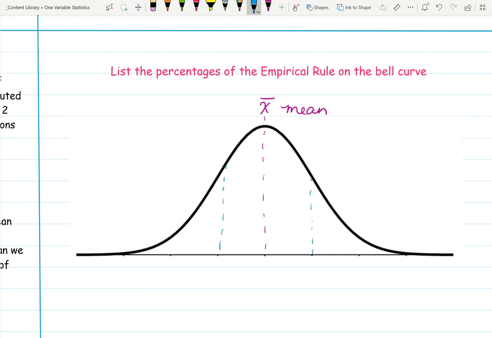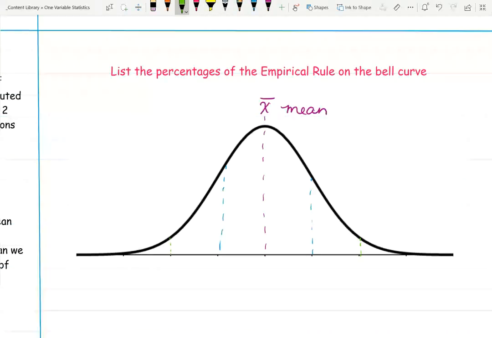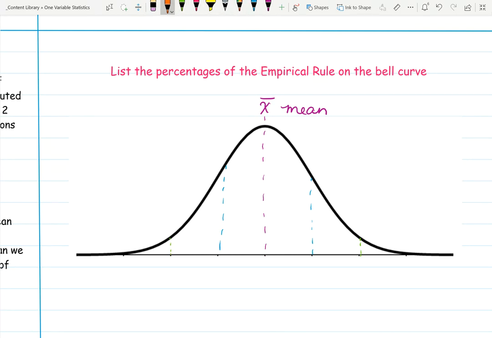So that'll be 1 standard deviation, 2 standard deviations, and 3 standard deviations. So within 3 standard deviations is 99.7% of our data.